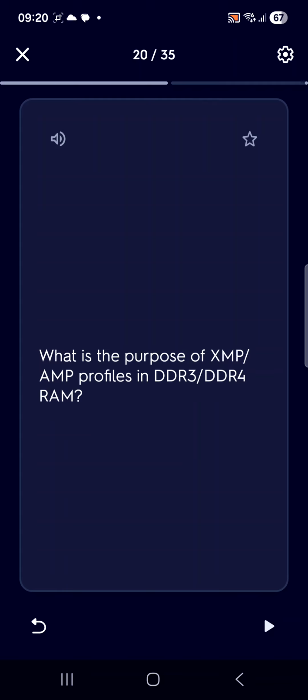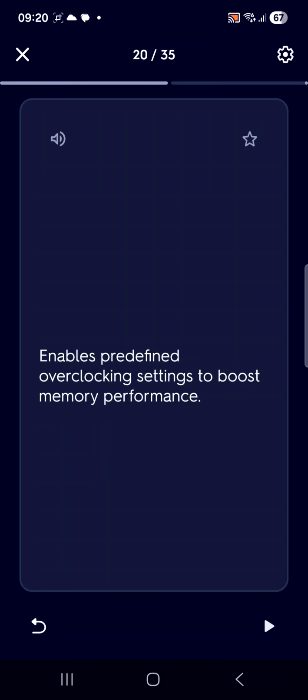It stands for Advanced Micro Devices, that's the manufacturer. AMP stands for memory profiles that come from AMD, so it's called AMD Memory Profile. This enables predefined overclocking settings to boost memory performance.